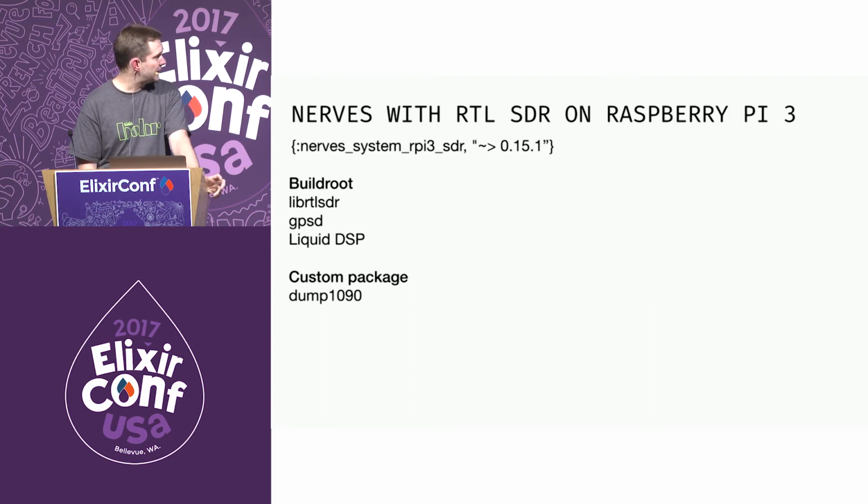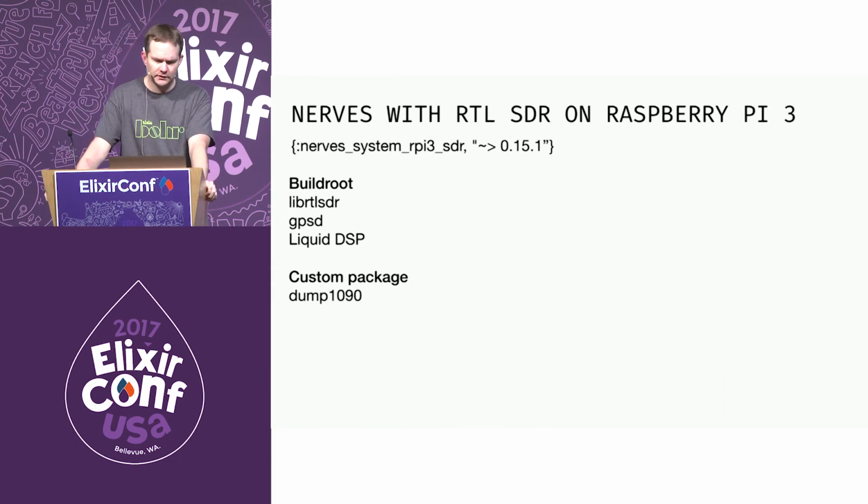So the first step, I should mention that in this whole process of doing all this, I put out a custom system for Nerves, if you wanted to get into doing SDR on the RPi3. It's out there on Hex if you want to check it out. Right now, the only thing that's in it is librtlsdr, which are the drivers for the RTL software-defined radio dongles.